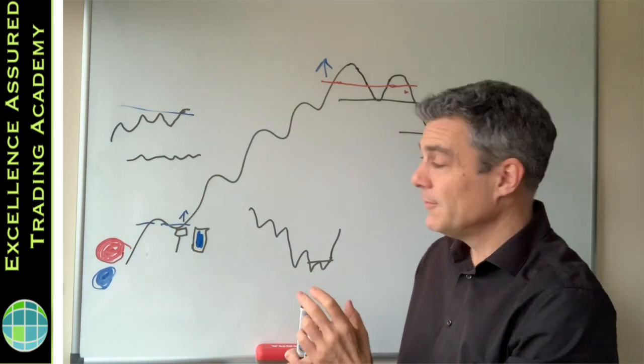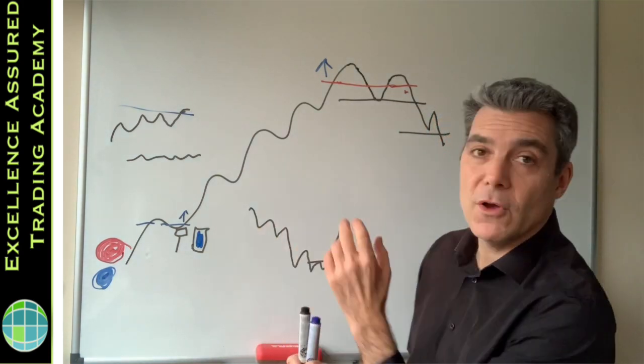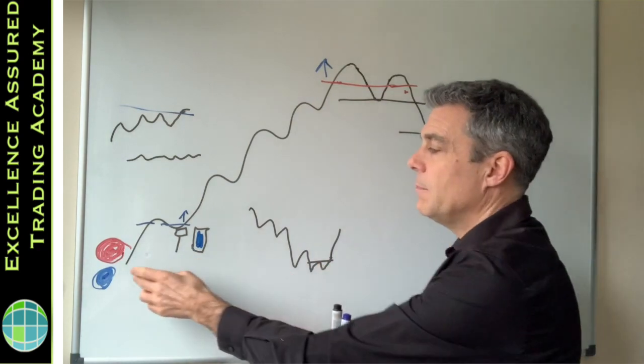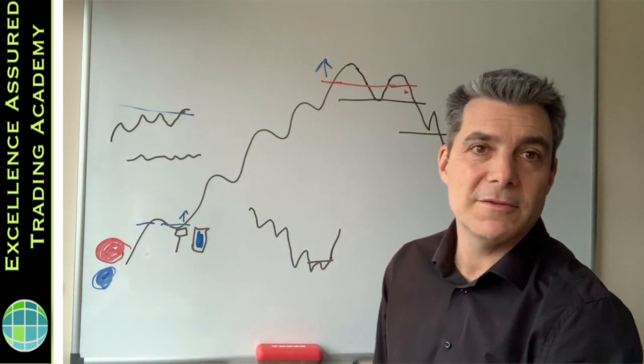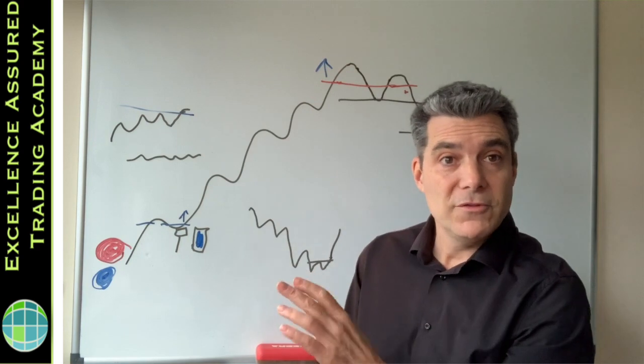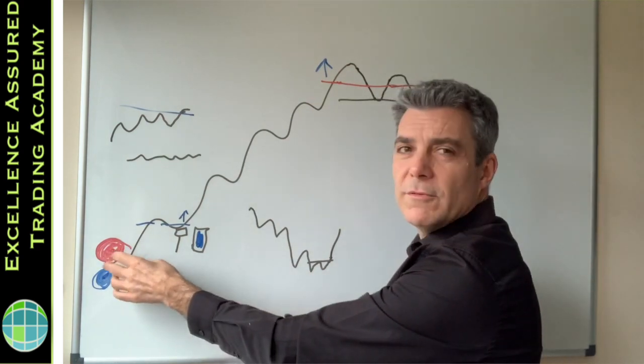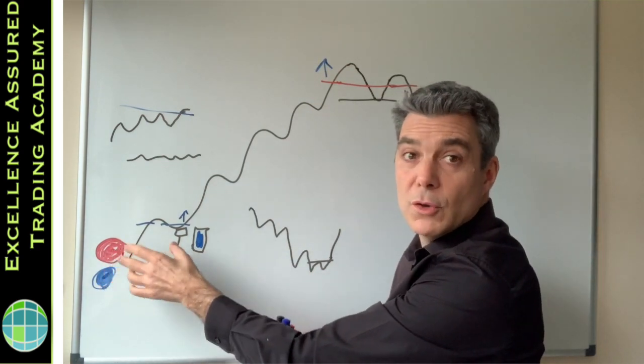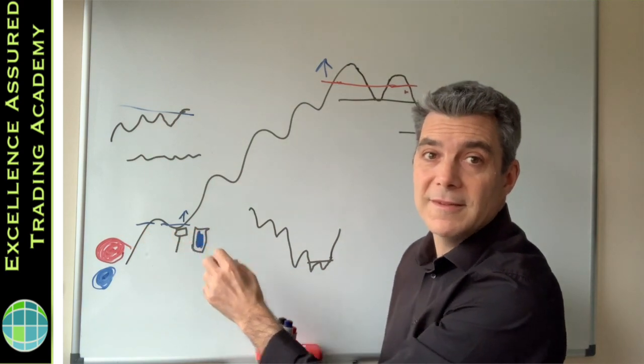So what you've got is a market that's undulating, and it's undulating because the buyers and the sellers are changing in number. This is reflected in the volume and the volatility as well.